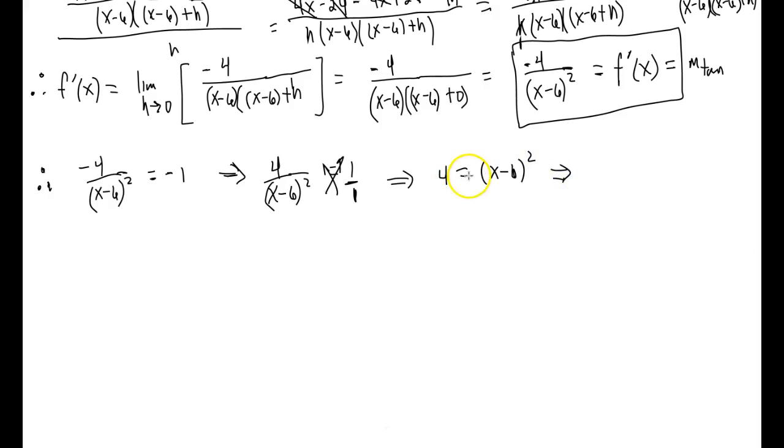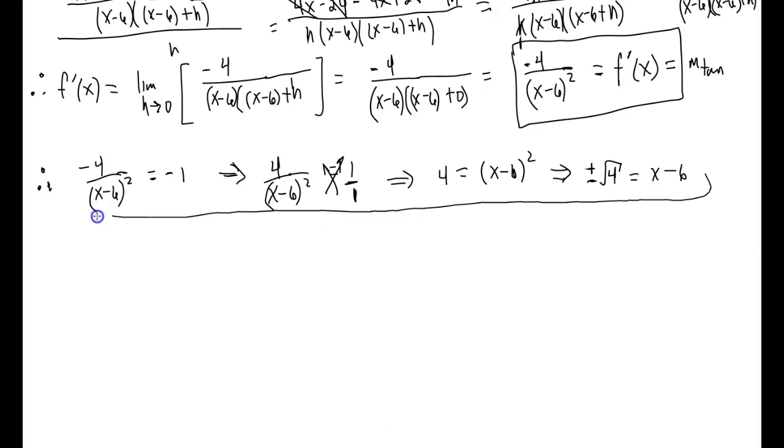And so from here, if we take the principal root of both sides, we'll have plus or minus the square root of 4 is equal to x minus 6. And of course, we know the square root of 4 is just 2.